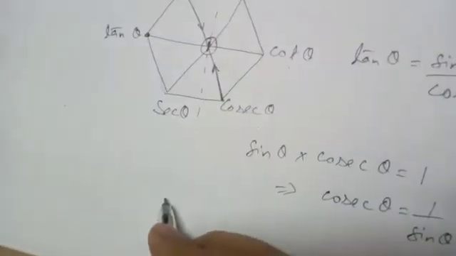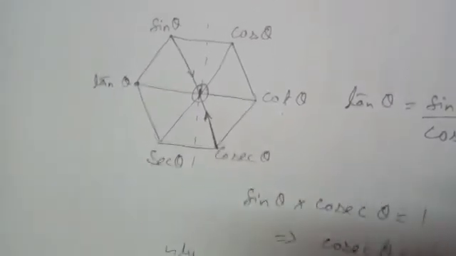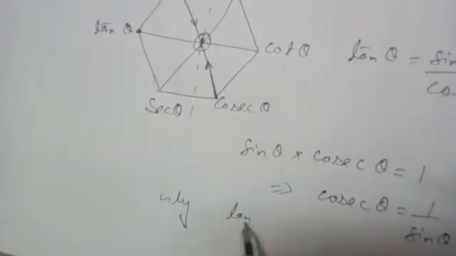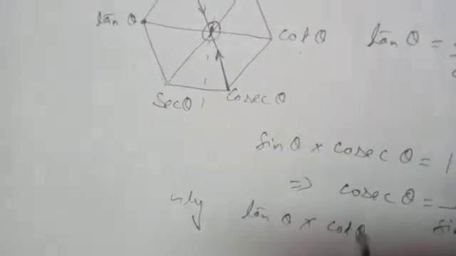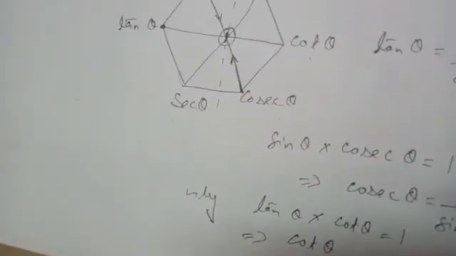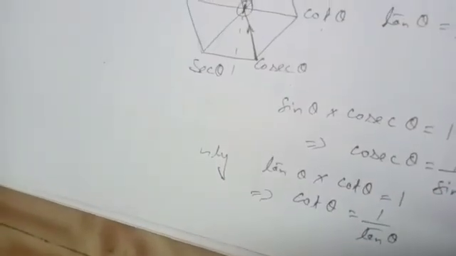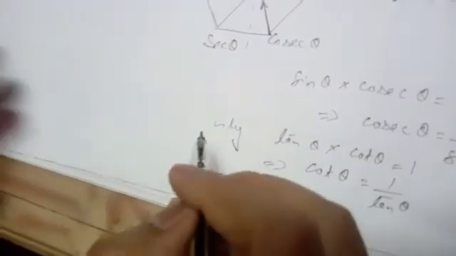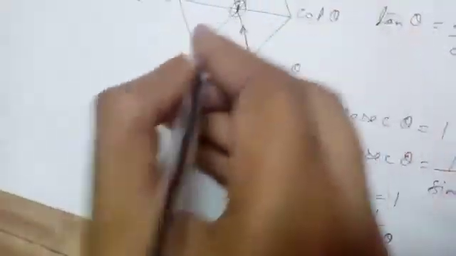Similarly, we can see tan theta multiplied by cot theta equals 1. So this implies cot theta equals 1 upon tan theta. Now one more diagonal is there.